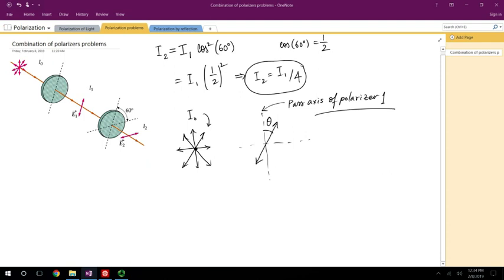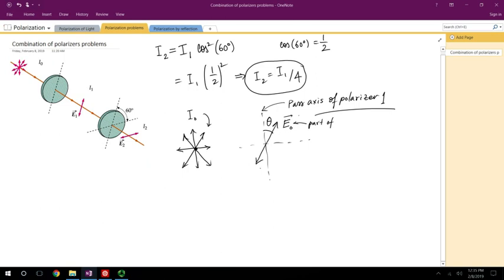If we apply Malus's law, then the electric field that goes through is part of E0, only part of it, because there are all sorts of different rays coming in, and we picked only one such ray.